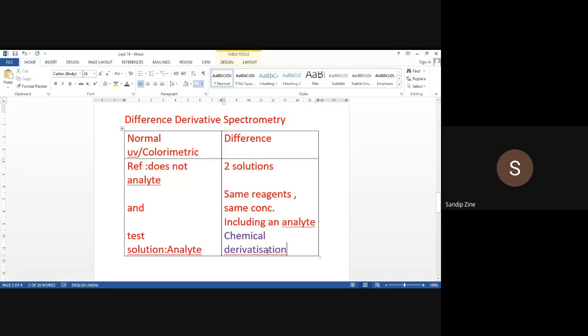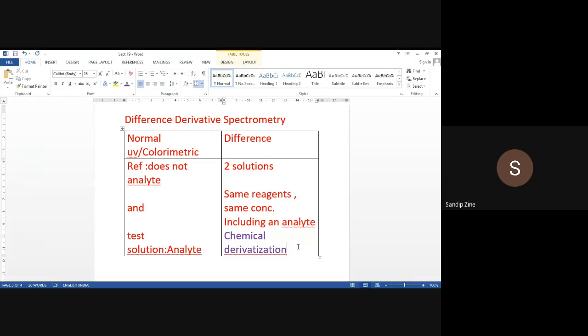So what is chemical derivatization then? In what way can we do chemical derivatization in organic chemistry? Change in pH maybe. Yes, you are on the correct track. In organic chemistry, we have done some experiments. I don't know whether you can recollect them or not.